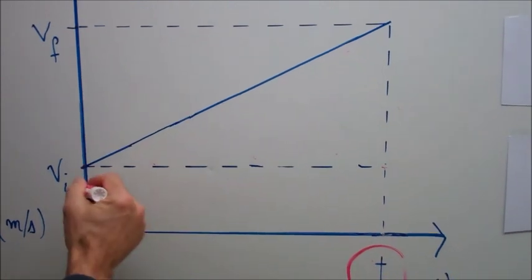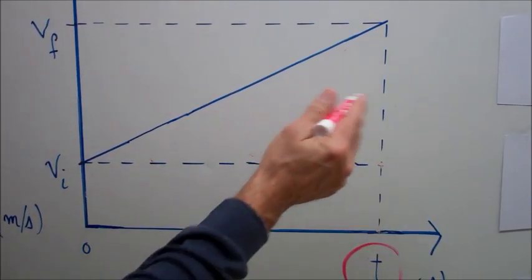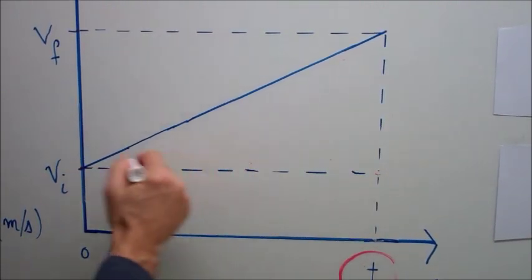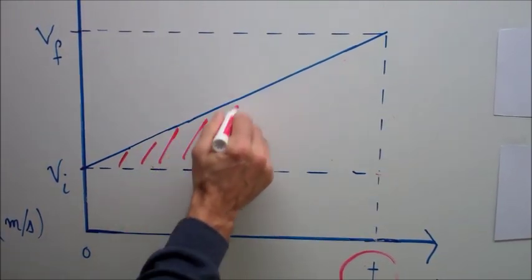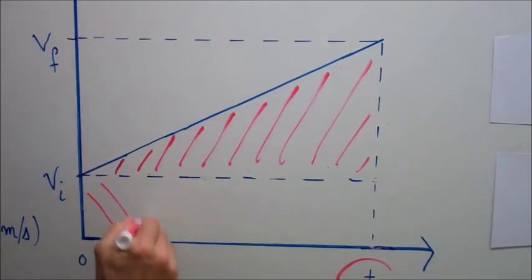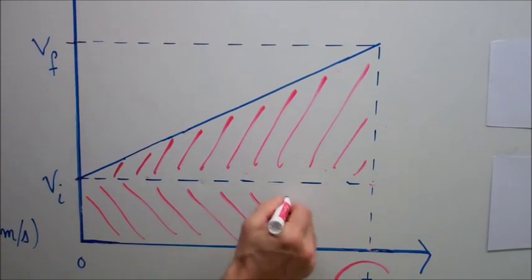We can look at the surface area under the graph as two different shaded areas. A triangle, such as this, and a rectangular area over here.